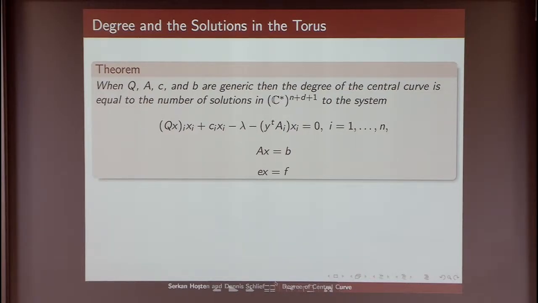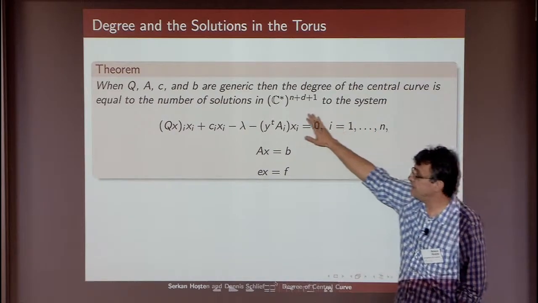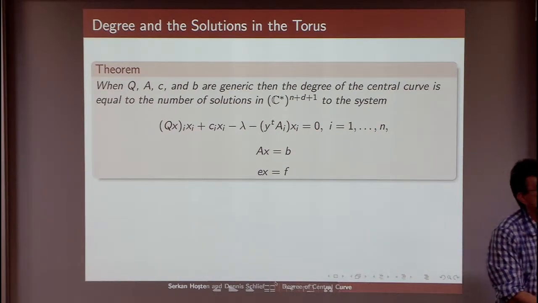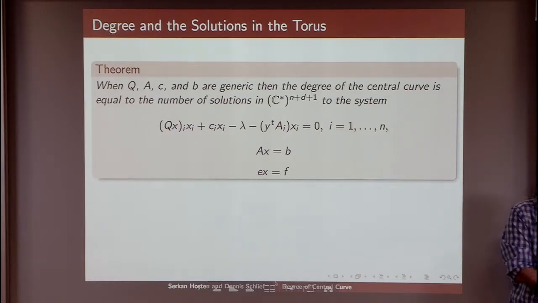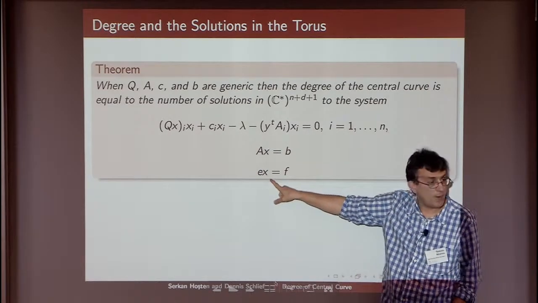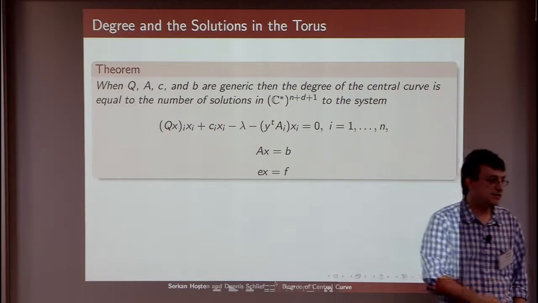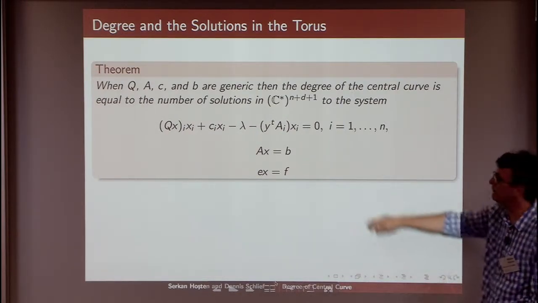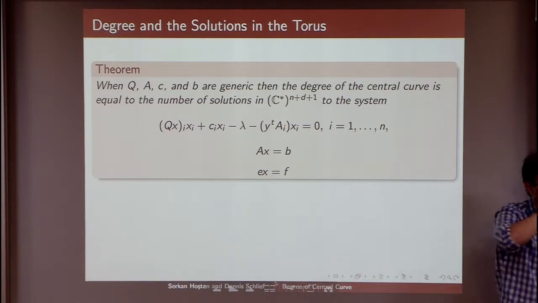Okay? So why do you only intersect with the x's and not with the generic hyperplane? Okay, so one more time, if I project it onto the x variables, then I get the central curve, and to compute this degree, I will intersect it with a hyperplane like this. What I'm saying is to do the same thing upstairs. You will still have the same number of intersection points upstairs.